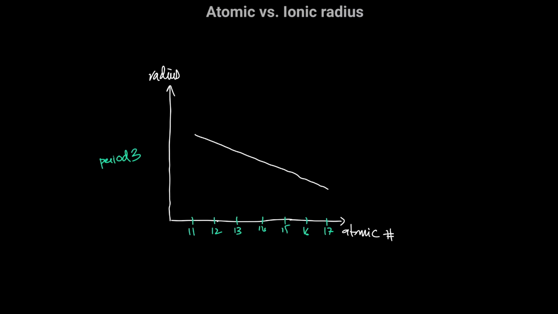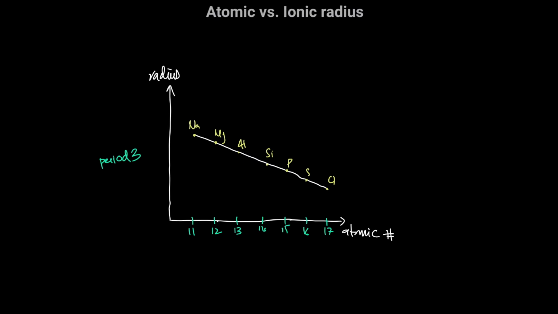So here we have sodium, magnesium, aluminum, silicon, phosphorus, sulfur, and then chlorine. We see this consistently decreasing trend.